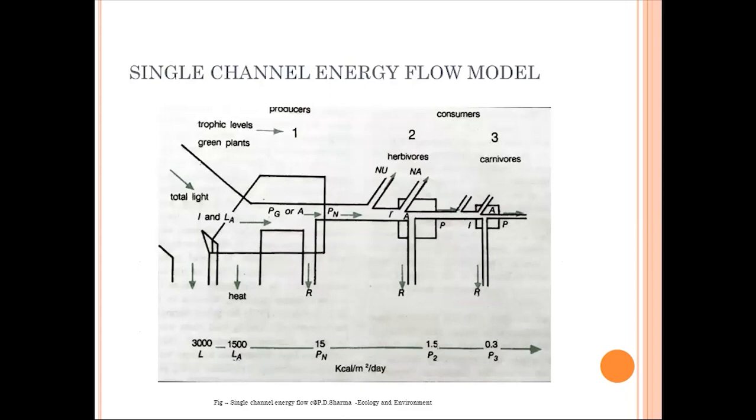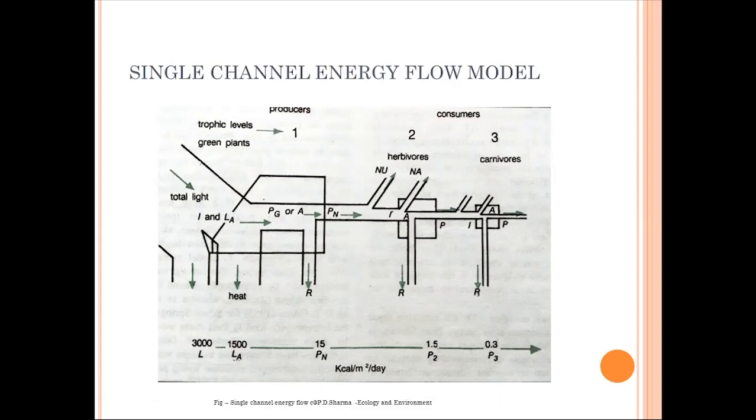This is a diagram showing the single channel energy flow model. In this diagram, I is the total energy input, or total light that falls on the green plants. LA stands for light absorbed by the green plants. PG is gross primary production.